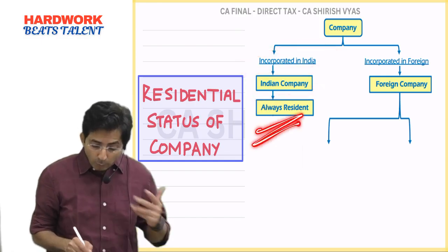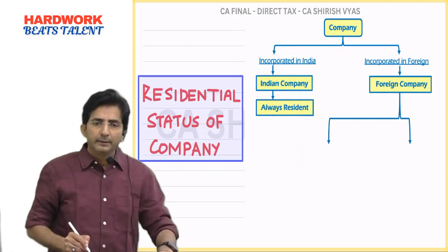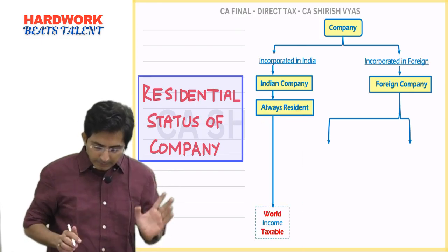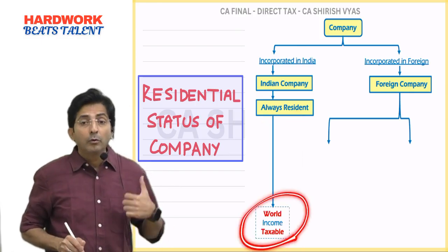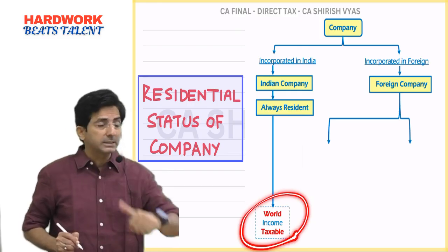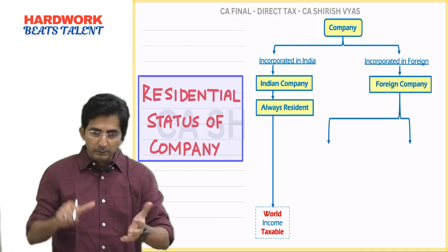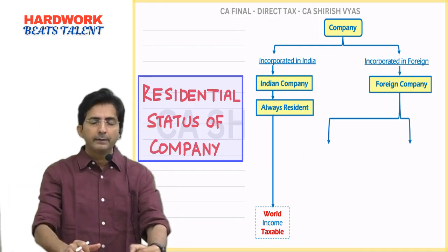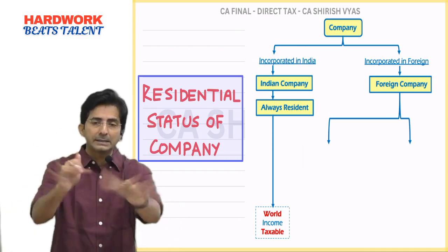An Indian company is always resident. And you know what difference it makes once you are a resident? Once you are a resident, you have to pay tax on world income. World income becomes taxable. So make a thumb rule: all companies incorporated in India are Indian, and all Indian companies are resident.